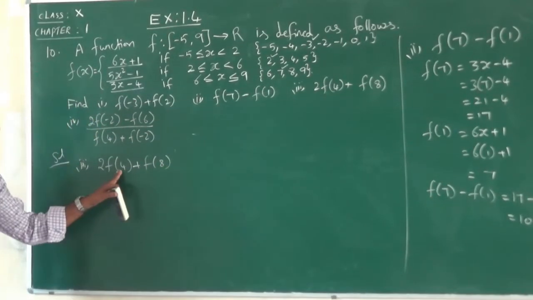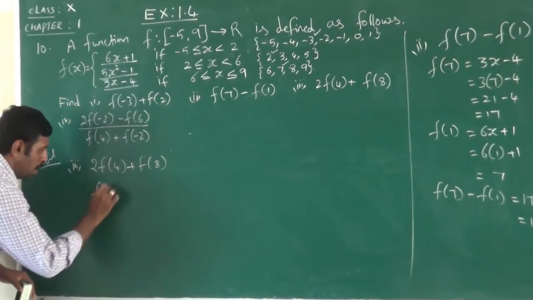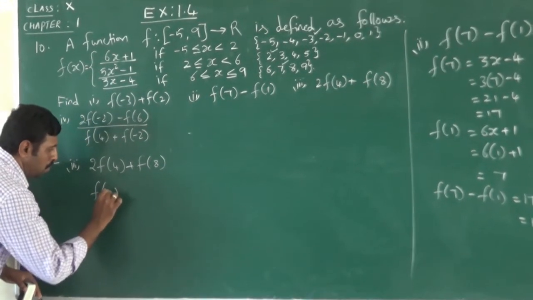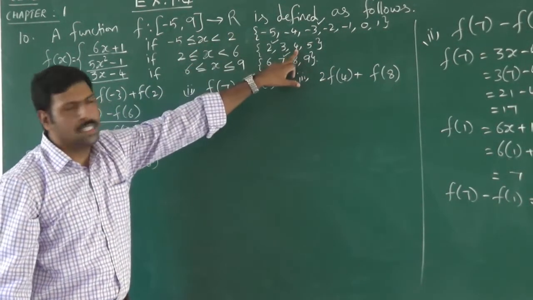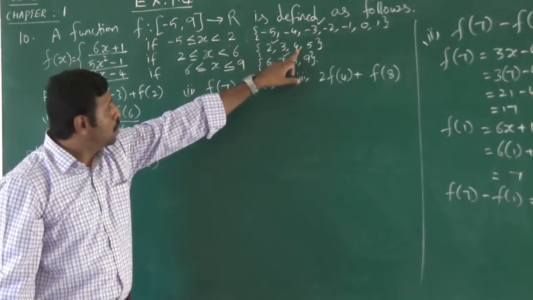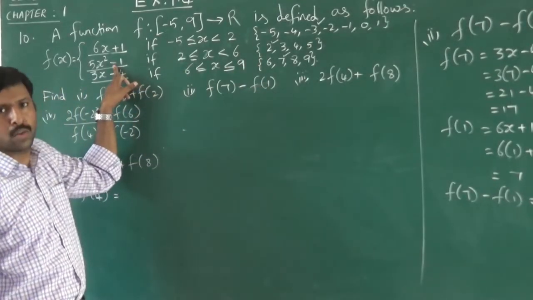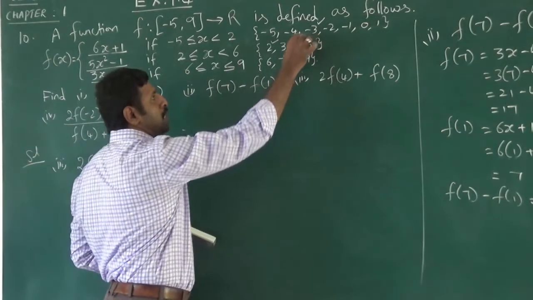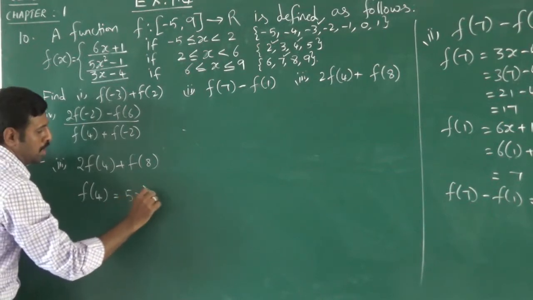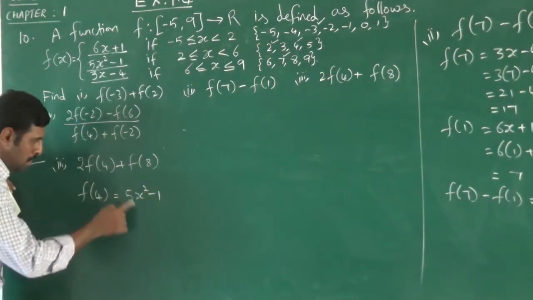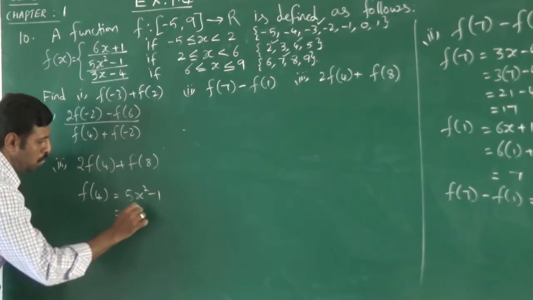First we want to find out what is the function of 4. F of 4 is equal to, which function we have to use? See, in this term, here it is the 4, element is 4. So the function is 5x square minus 1. So the 4 is occurring here. So we have to use the function as 5x square minus 1. In the place of x, I am going to apply the value 4.